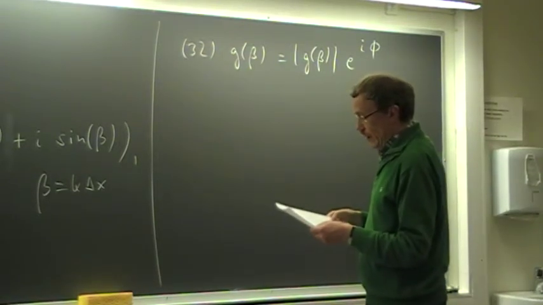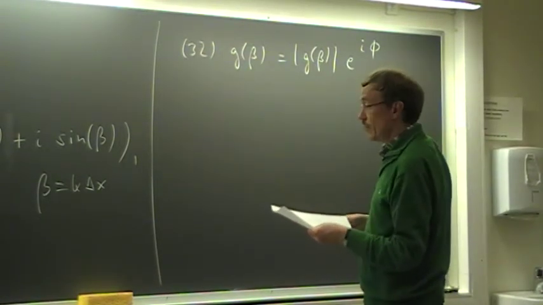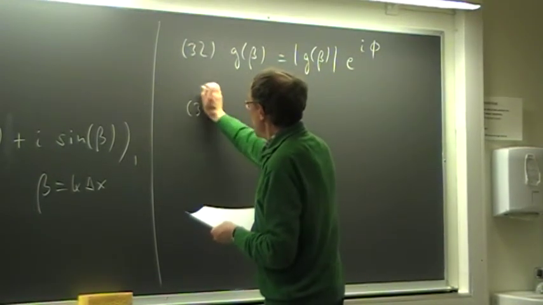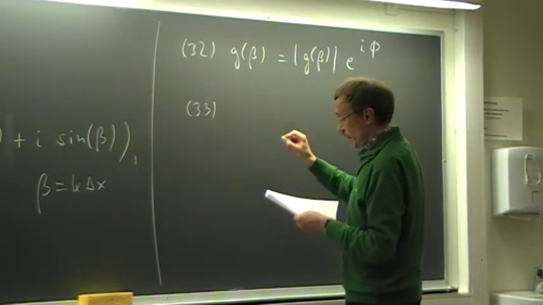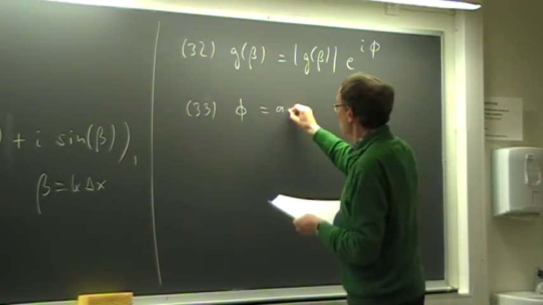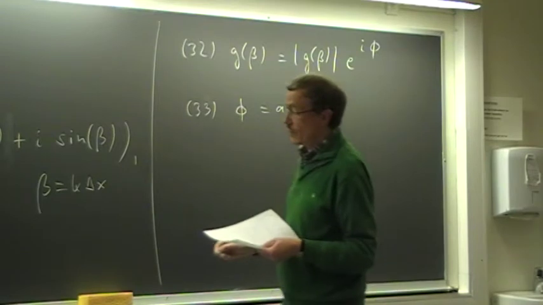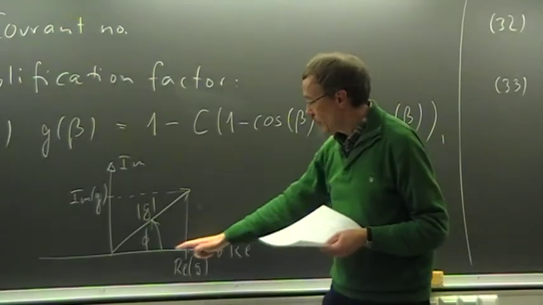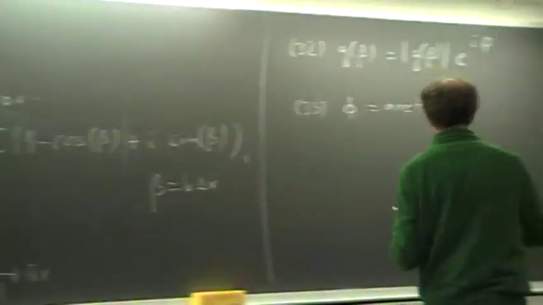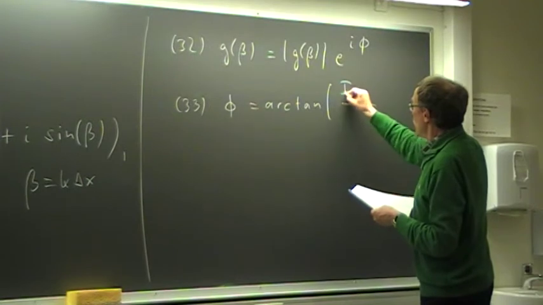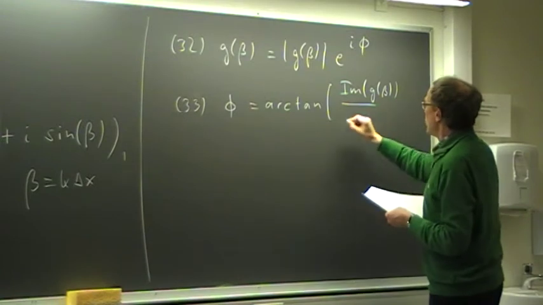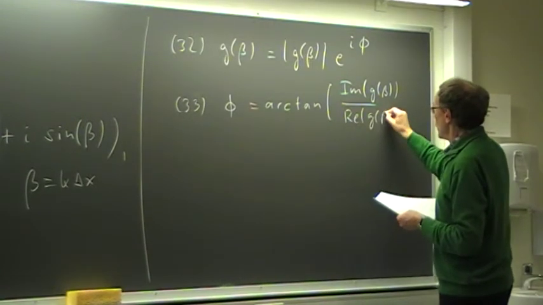And then we argued that the phi can be obtained in our case, and that was 33. The angle for our amplification factor, which is called the phase angle, is then the arctangent, because the tangent is the imaginary part to the real part. And if we want to have the angle, then it is the arctangent of the imaginary part of g of beta divided by the real part of g of beta.